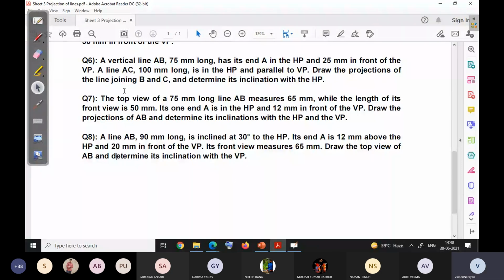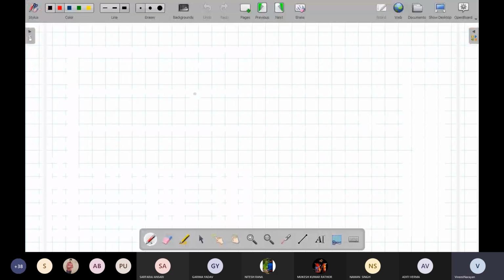Okay, so we will start step by step. In this case, you need imagination. So we will draw both the planes.